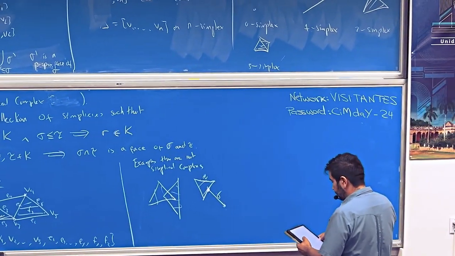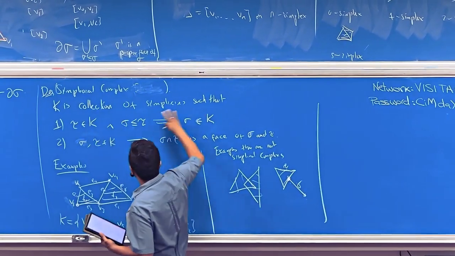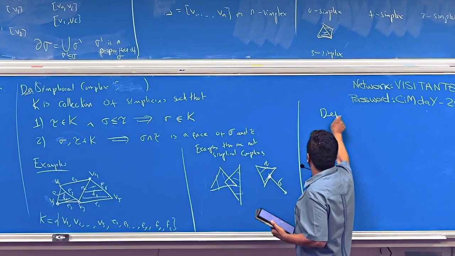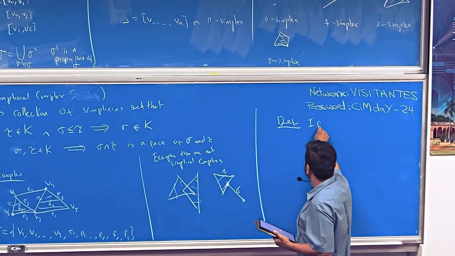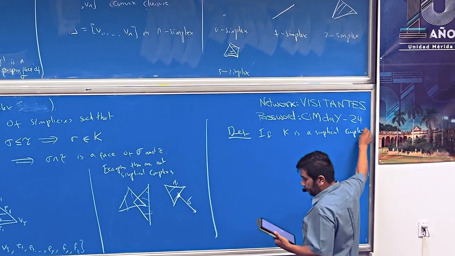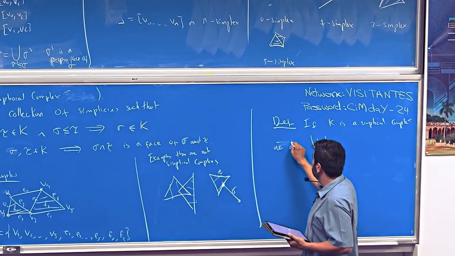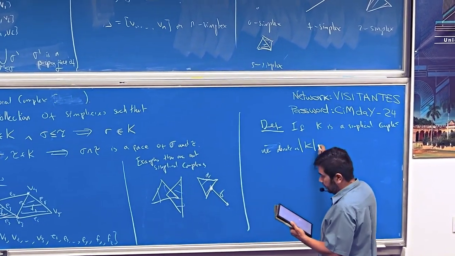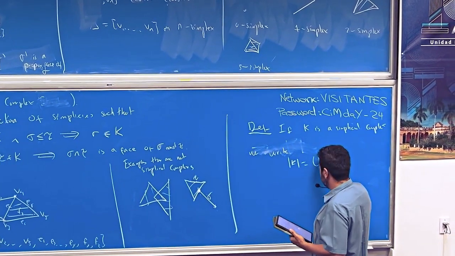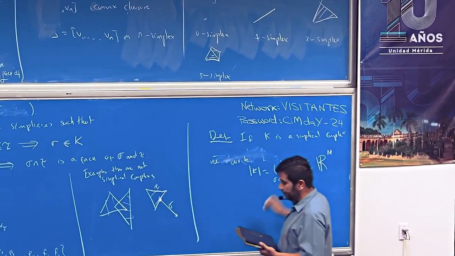So if K is a simplicial complex, we can think of all these simplices to be in the same dimensional space, and so we can define, we write, |K| is the union of all the elements of K, which is a subset of R^m.